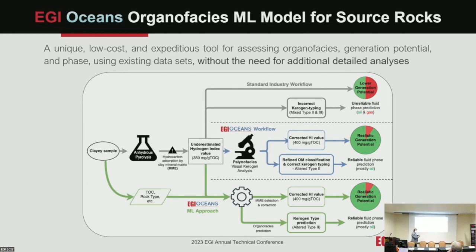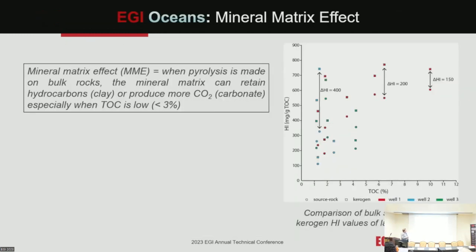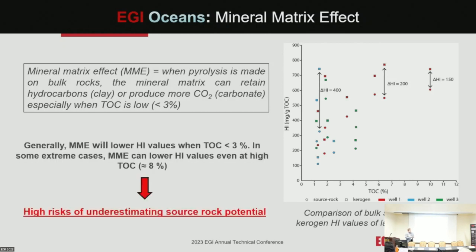This would be routine pyrolysis. But the problem is that with routine pyrolysis, you would underestimate HI, the hydrogen index, especially if your TOC values are lower than 3%.